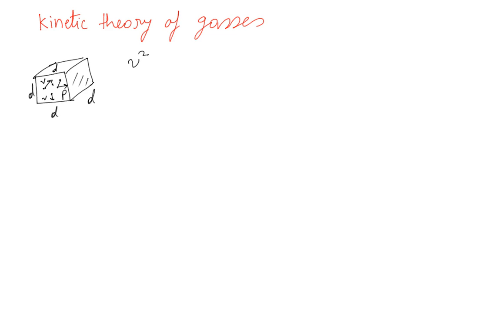We know that velocity of any particle can be written as v squared equals vx squared plus vy squared plus vz squared, where we have defined this as our x-axis, this is y-axis, and this is z-axis, length, breadth, and height. So this velocity square is nothing but the sum of squares of the components in the x, y, and z direction.